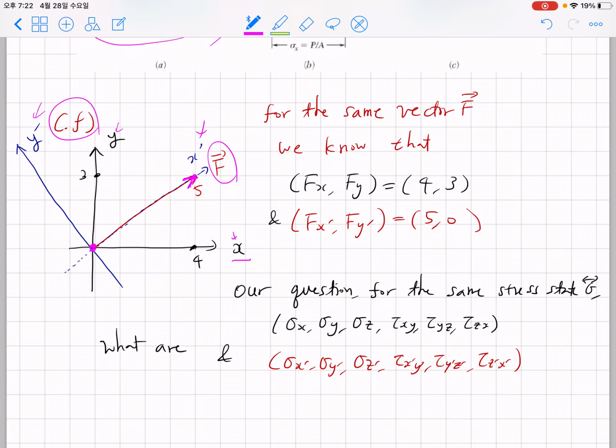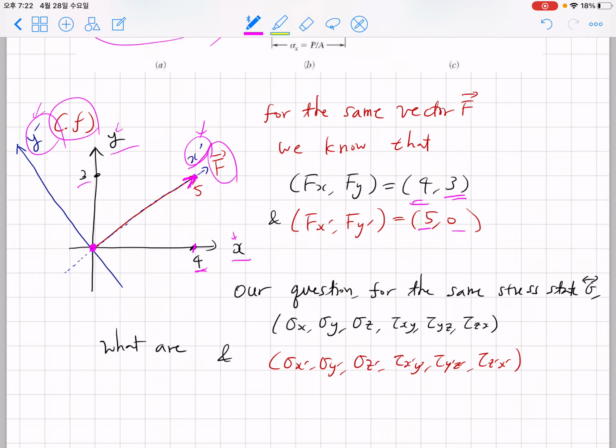If you take the xy system, this vector's coordinates can be written as 4 and 3. So you have 4 in x and 3 in y, and 4 and 3 will be the coordinates of F with respect to the xy coordinate system. However, if you take x prime and y prime as the coordinate system, then its coordinates will be 5 and 0.